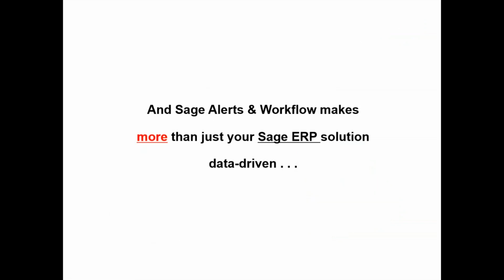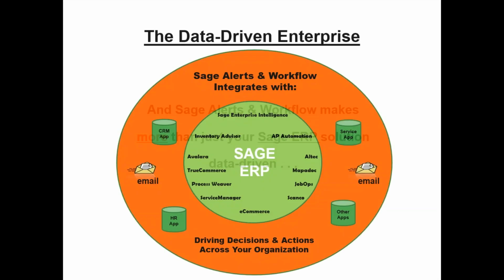So I mentioned earlier that alerts and workflow can be integrated with more than just your Sage ERP solution. So ask yourself, are you currently using any add-on solutions to your Sage ERP application? I mentioned Avalara or Sage Sales Tax. I also mentioned Alltech, their document management solution.